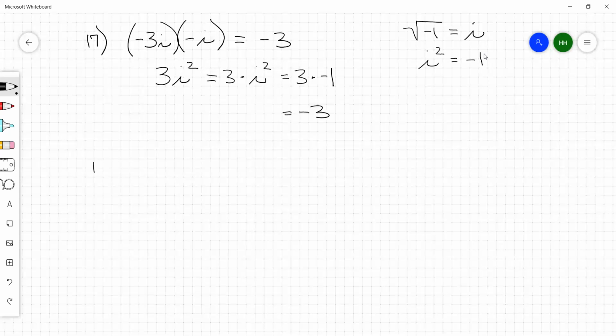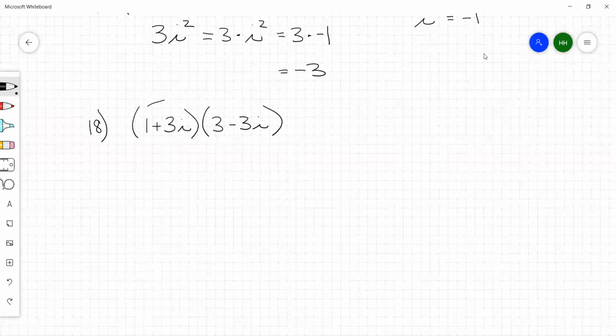And then number 18, we've got a 1 plus 3i times a 3 minus 3i. Now, you got a binomial times a binomial. So this would be double distributive property, or FOIL, however you learned it.